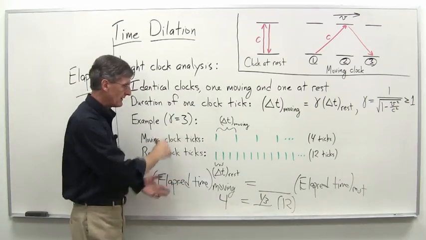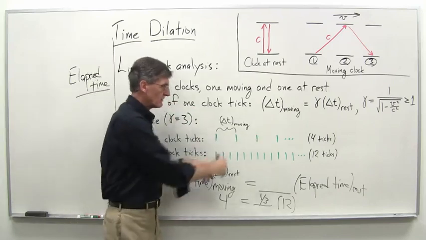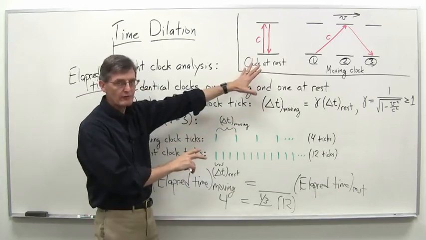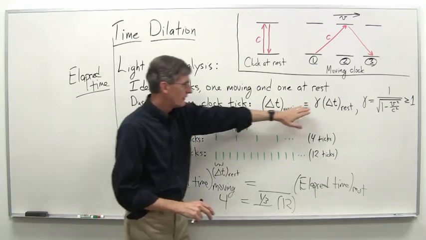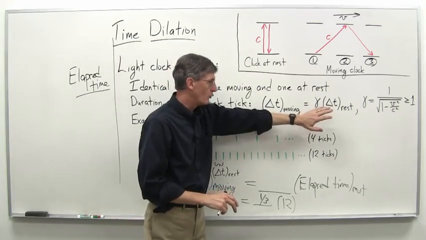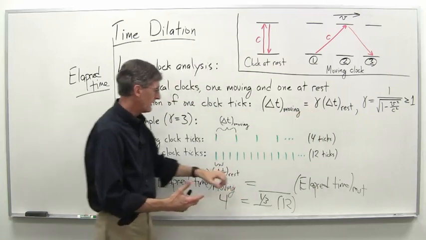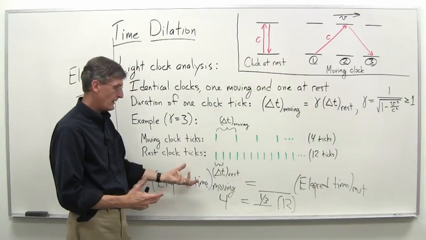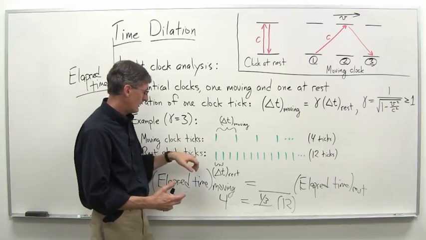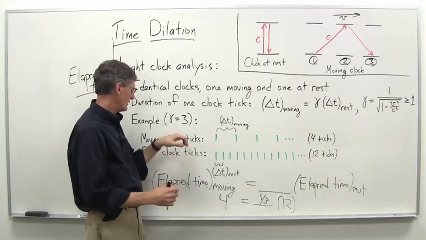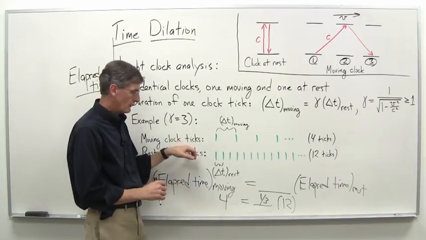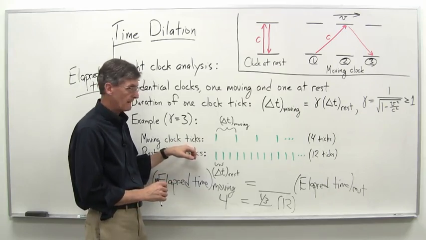Okay? You see that again? The duration of each tick for the moving clock, as Bob observes it going by, is longer than 1 tick on the rest clock by a factor of gamma. In this case, gamma equals 3. But that means the elapsed time of the rest clock is greater than the elapsed time on the moving clock. Okay?